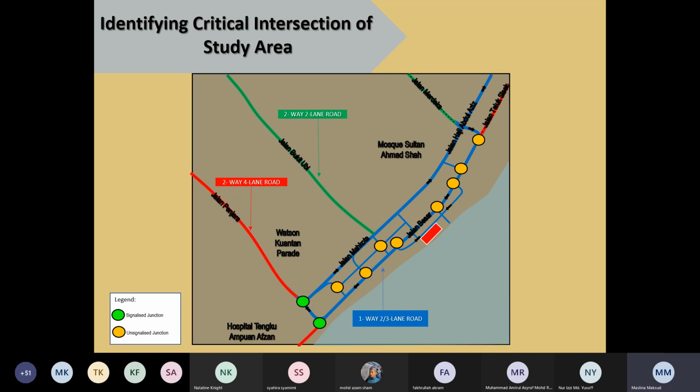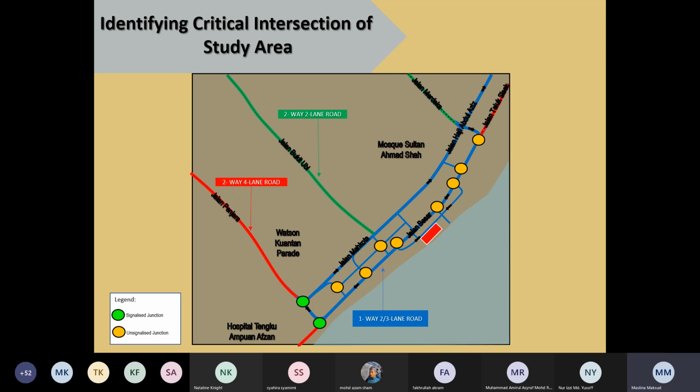So we consider that Jalan Besar and Jalan Mahkota will be affected by our development traffic. Along this route, we will identify the selected intersections that connect with our proposed development for our study area.